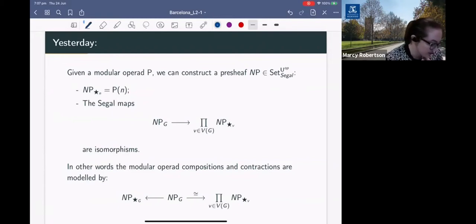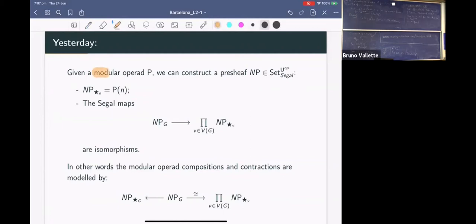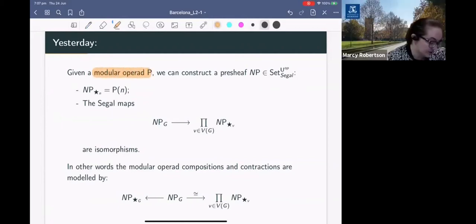So what was our theorem yesterday? Our theorem was telling me that if I take a modular operad, a one-colored modular operad, I can construct this little object NP, this graphical set, and the evaluation of that functor at a star is going to be my set P(n), my nth entry in the symmetric sequence.